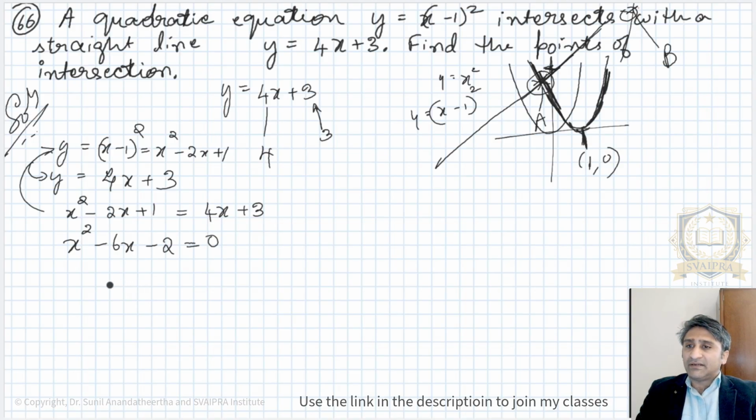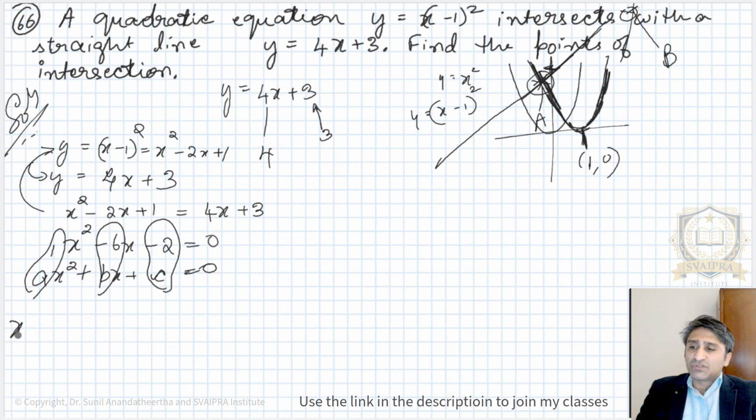Let's calculate its values. Do we even have a point of intersection here? It appears so. Let's calculate the exact points. We consider the quadratic formula, ax squared plus bx plus c equals 0, where a is 1, b is minus 6, and c is minus 2. The roots are minus b plus or minus the square root of b squared minus 4ac, divided by 2a.